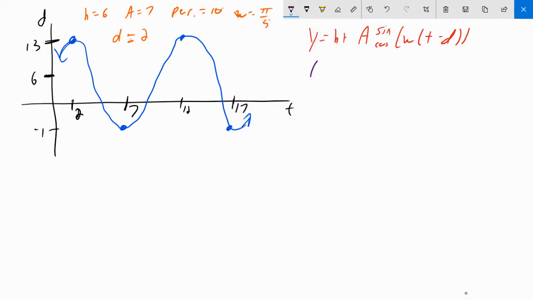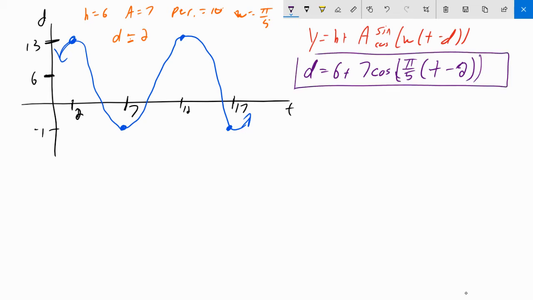So here we have d is height 6 plus amplitude 7, cosine, because I'm using the maximum value to get this thing rolling, w value of pi over 5, t minus 2. So again, that is a function. This is a nice picture to get us going, part A and B.